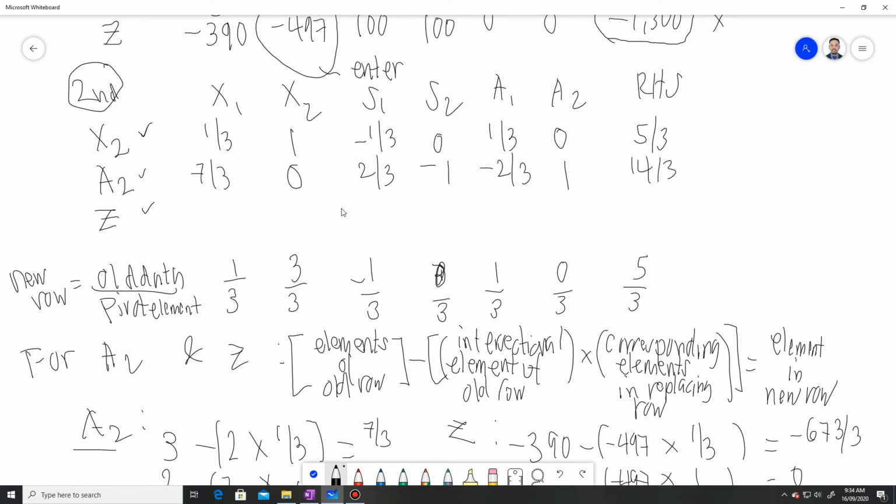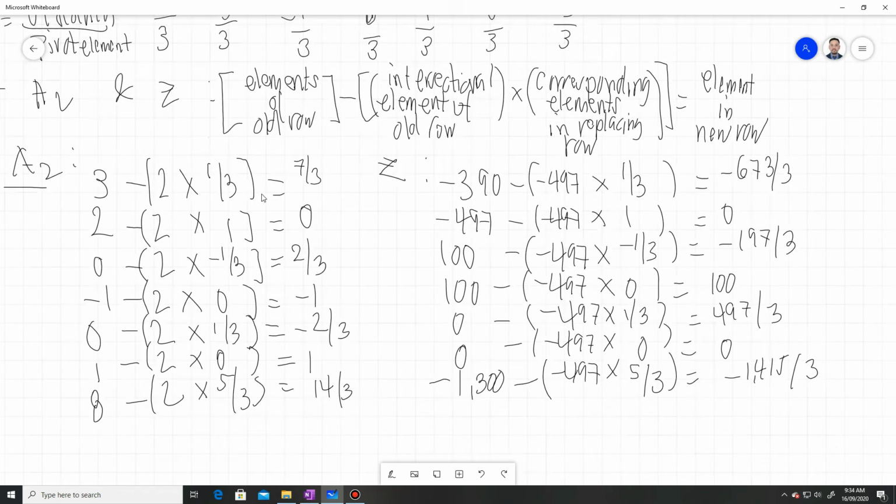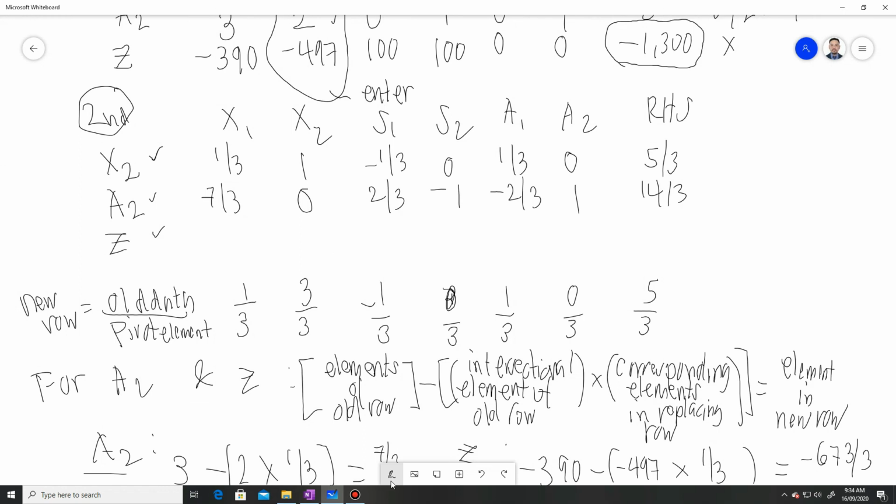So don't forget to double check. And then for z, the values here, we have negative 673. Oh, sorry.